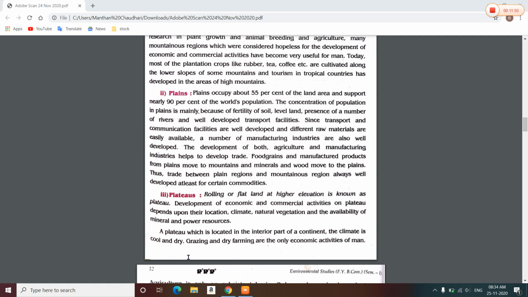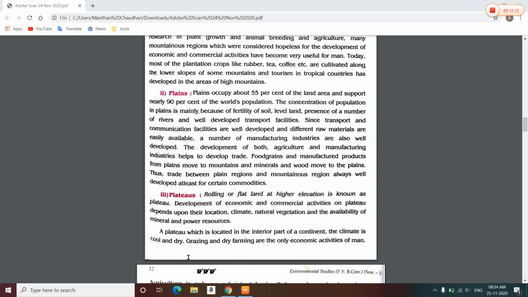Of course, such factors are highly favorable for each and every activity of man. So different kinds of economic activities are well developed on the plain areas.